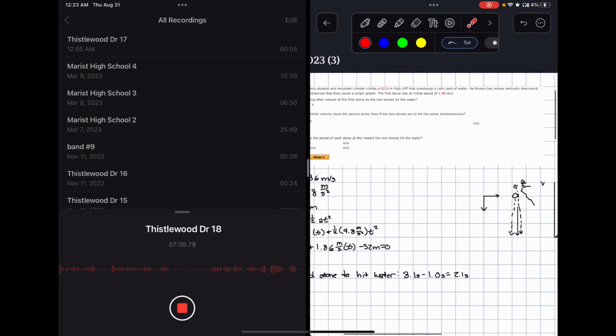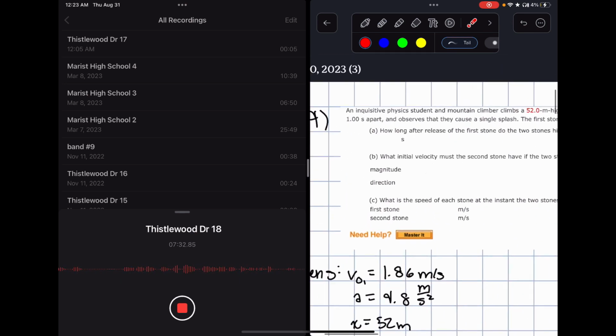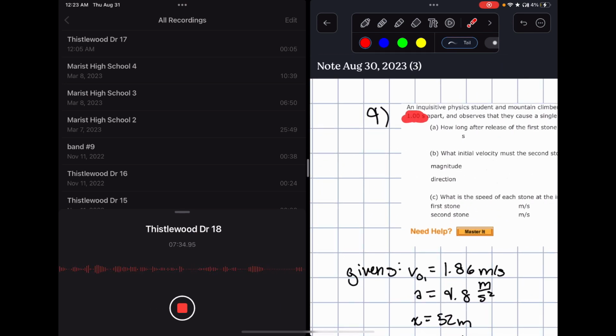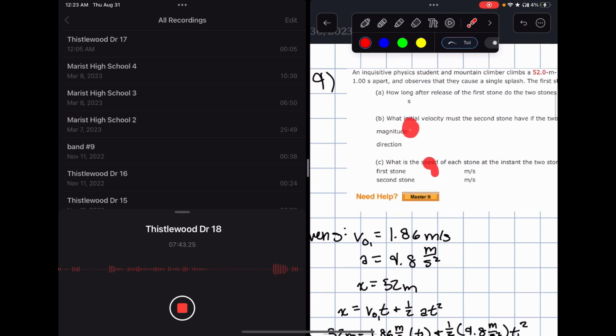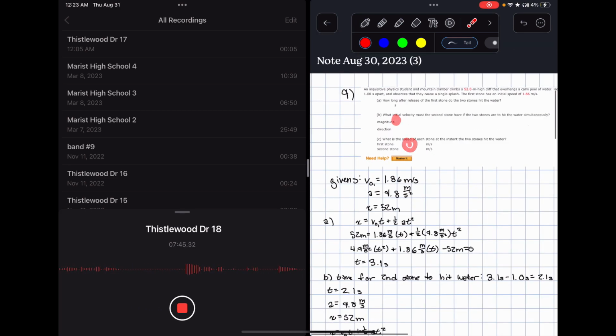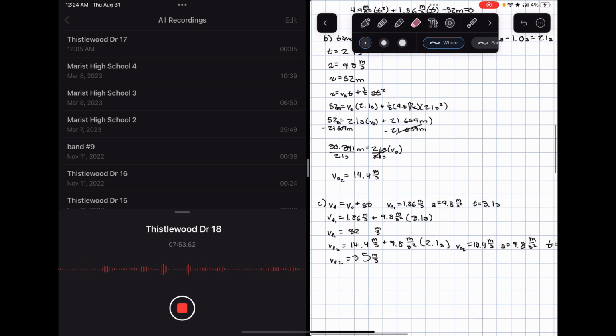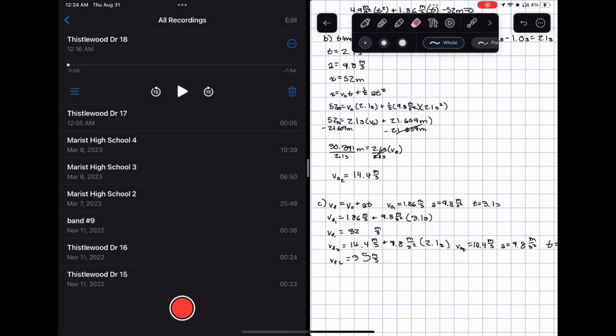Here, we saw that the final velocities were significantly higher than the initial velocities. The reason this tripped me up a little bit was because of this 1 second here. In the original problem, I did not actually manage to get the magnitude of the final velocities for the first and second stone, but I figured this out.